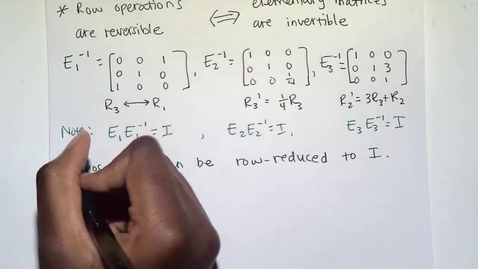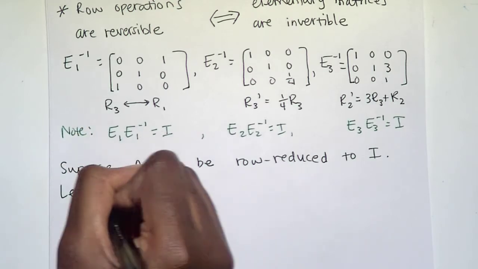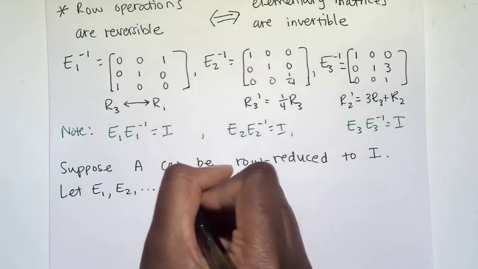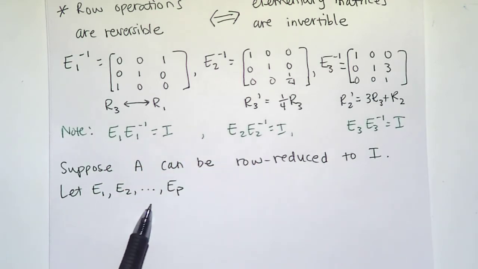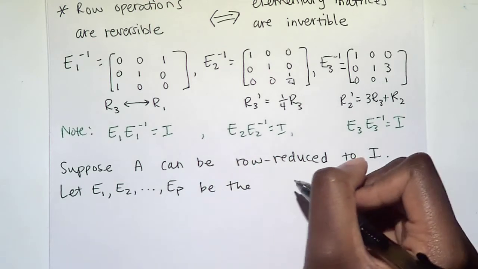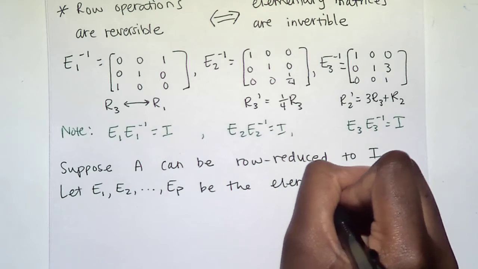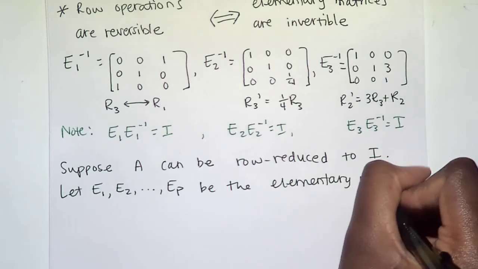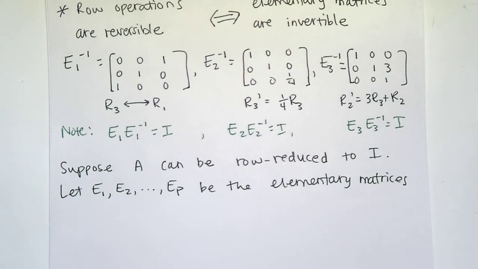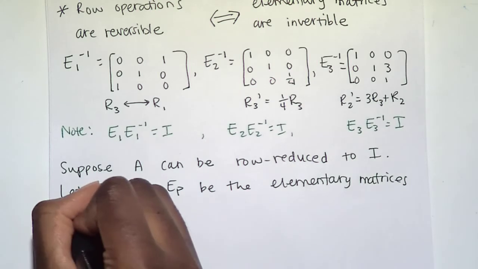So let's list those. We're going to let E1, E2, all the way to EP, so these are all elementary matrices, be the elementary matrices corresponding to those row operations.